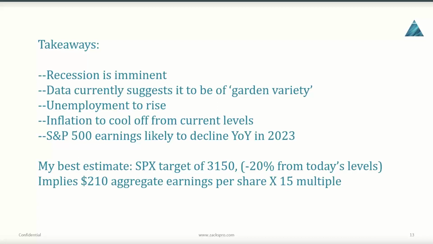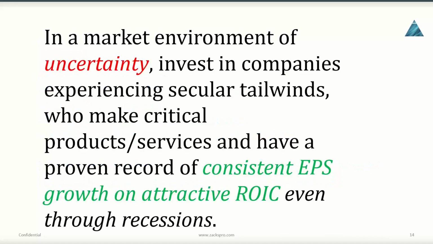I think just by assuming a very mild recession gets you to a 20% drawdown from today's levels. And that's just my best guess here. So I would be a seller of stocks right now. I would not be taking on significant amounts of risk, and just waiting to see what we get from further data, especially with earnings.